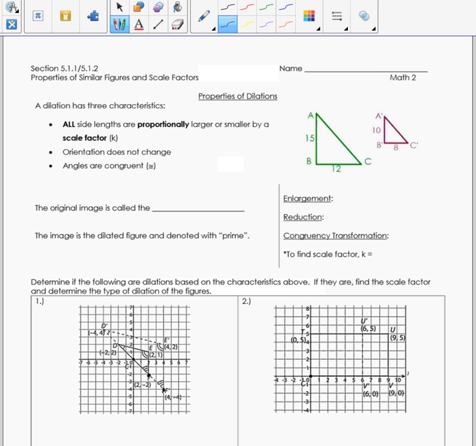So you're going to hear a few words a lot. The original image is called the pre-image. This is your start right here, your pre-image. The image is your ending figure. We call it an image, but you'll hear a lot of the word prime. If you look in this picture over here, the green figure, notice it's just A, B, C. This right here would be my pre-image.